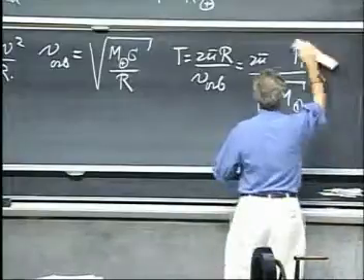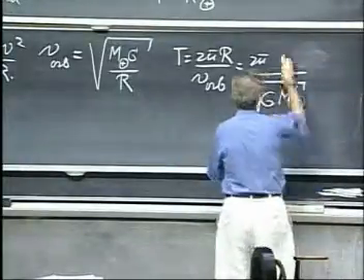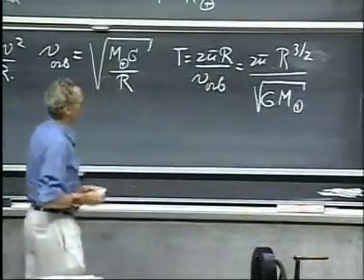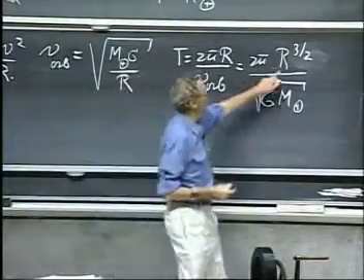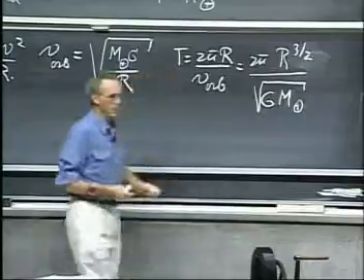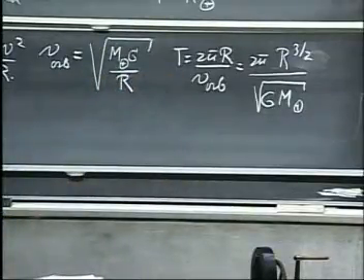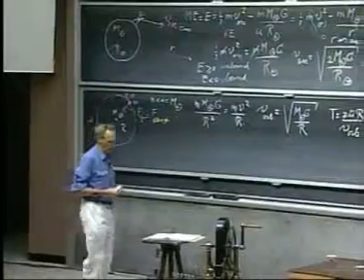Let me move this in a little. T equals 2 pi r to the power 3/2 over the square root of G m Earth. So again, if you know the radius, if you know how far you are away from the Earth, the period follows uniquely. If you know the period, then the distance to the satellite follows uniquely.